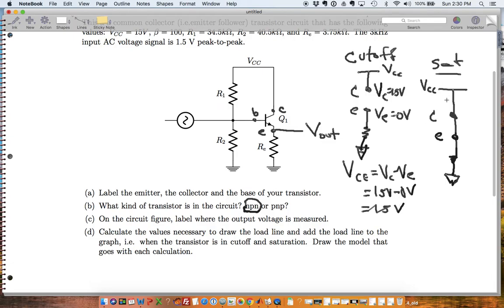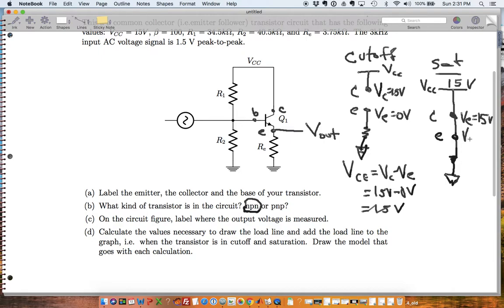And now in saturation, my VC here is 15 volts, because VC is connected to VCC. And now E is also connected to C, which is connected to VCC.